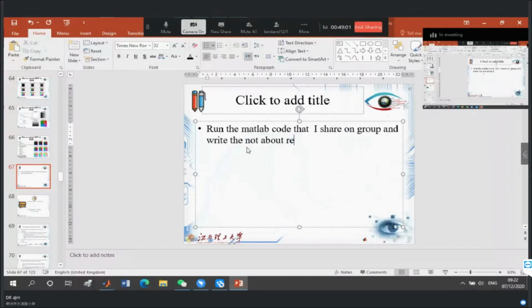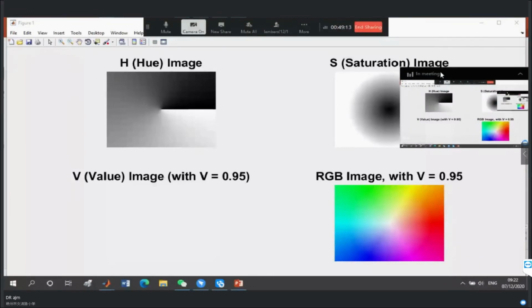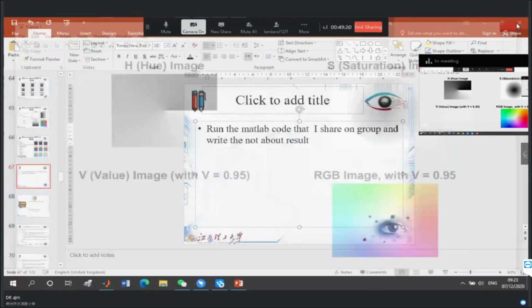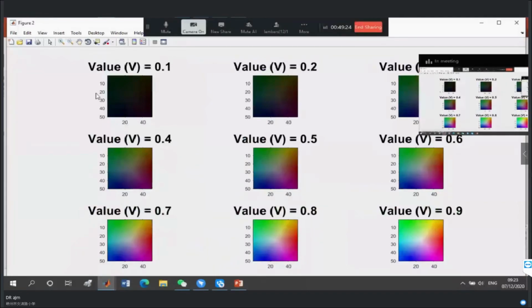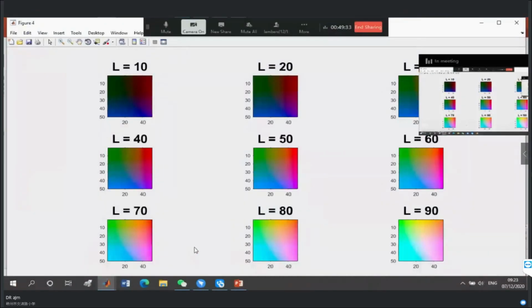What I mean is that after running it, you have figure number one: what it shows and why it's showing this number. What is the difference between this V value image and the image where the V value is 0.95? On the other sides, for the other figures, you will see different values of V. And in figure number 3, you will see different values of L.